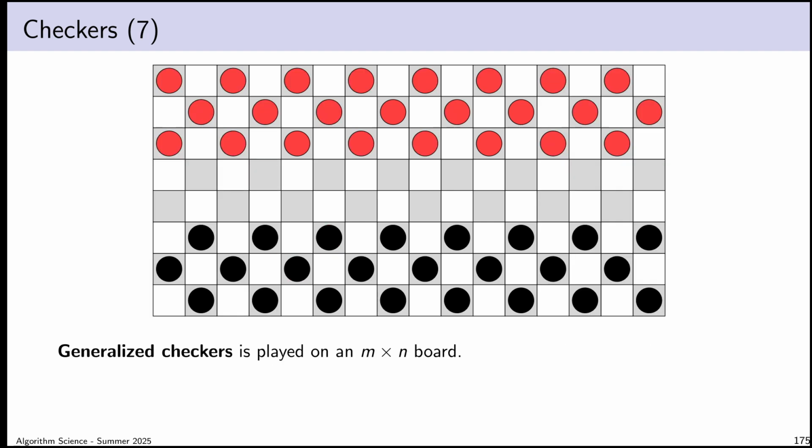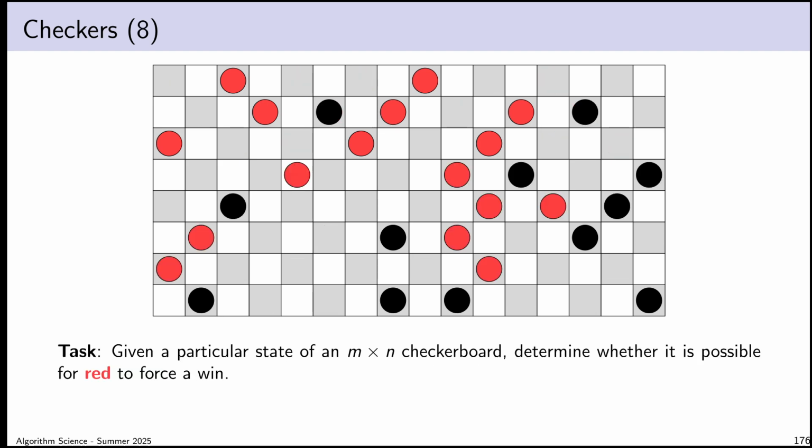Let's talk about generalized checkers. Generalized checkers is played on an m by n board. The idea is that by parameterizing the size of the board, the size of the input is now not going to be guaranteed to always be the same. It's not always going to be 8 by 8. Okay, so given the particular state of an m by n checkerboard, determine if it's possible for red to force a win.